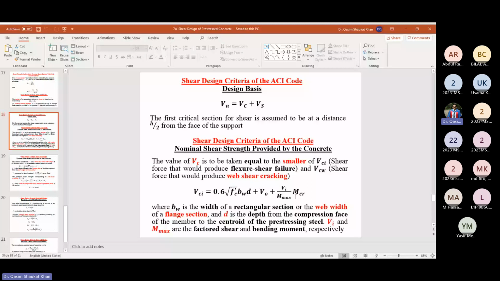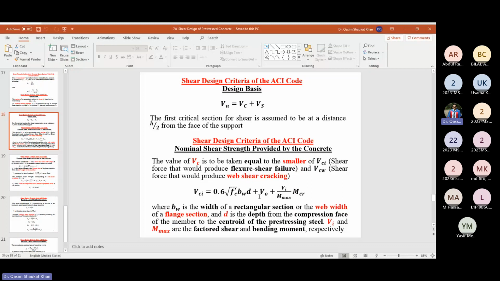MCR is your cracking moment. VI over M maximum are the factored shear and bending moment at the section considered or at the cracked section.